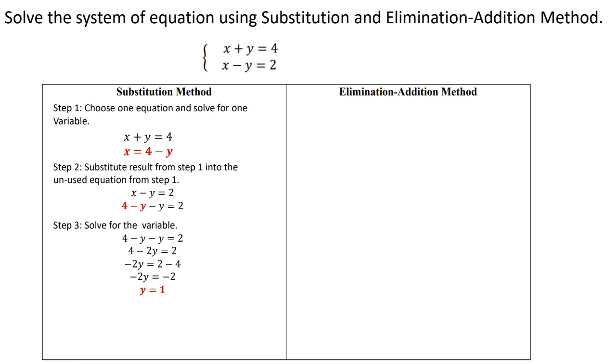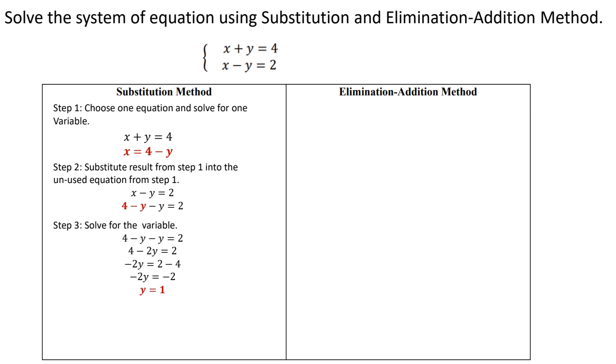Subtract 4 on both sides. I'm going to get a -2. And then I'm going to divide by -2. So it's going to give me the positive 1. So y equals 1.